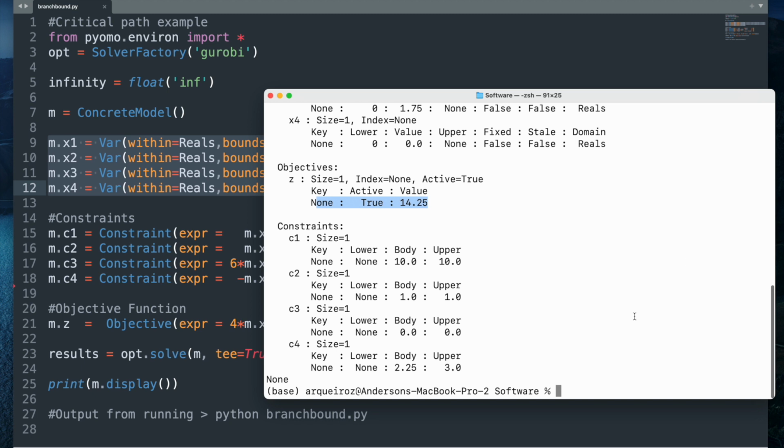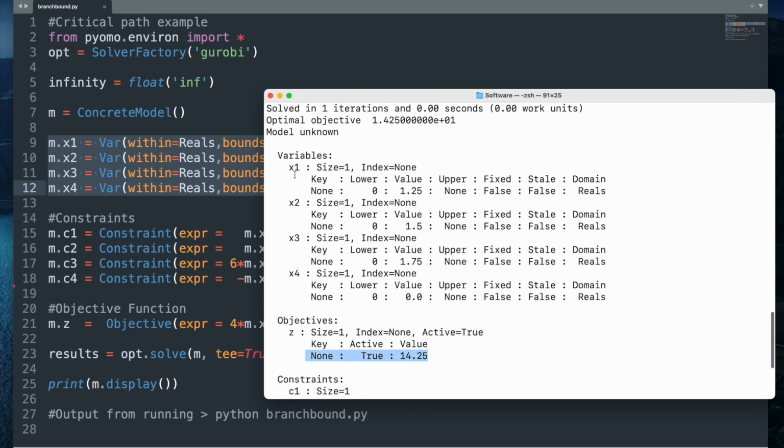So when we go to our Python console and we solve that problem, we get the solution for the objective function as 14.25, and we get the values for the decision variables x1 as 1.25, x2 equal to 1.5, x3 equal to 1.75, and x4 equal to 0. You see that all these decision variables are fractional, right? x1 through x3. x4 is 0.